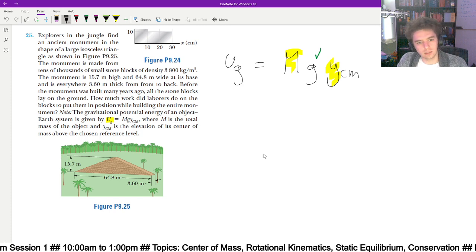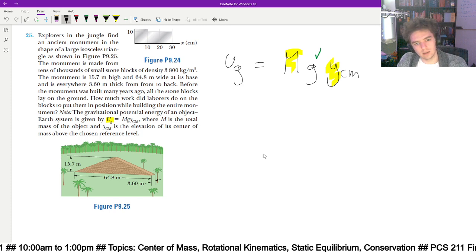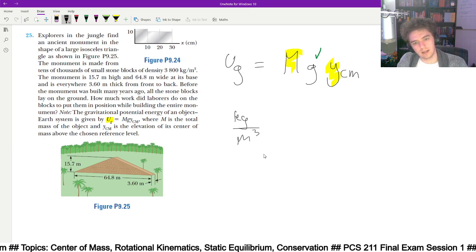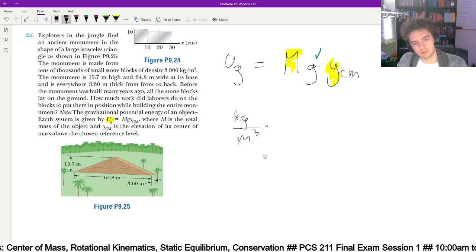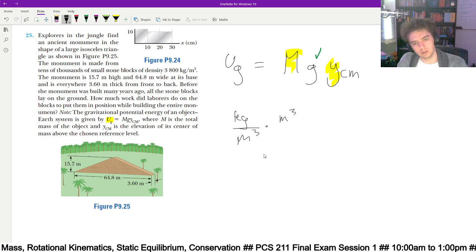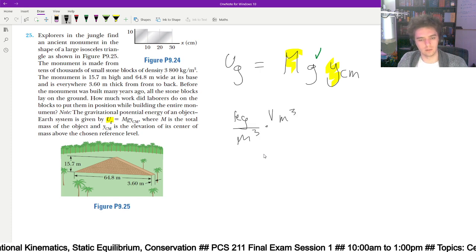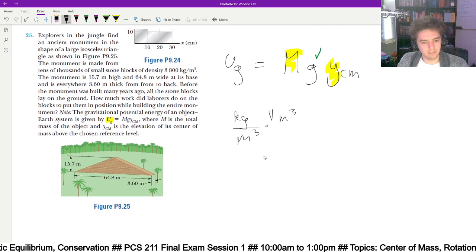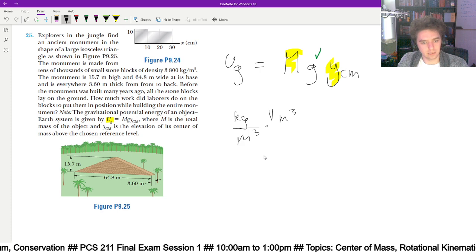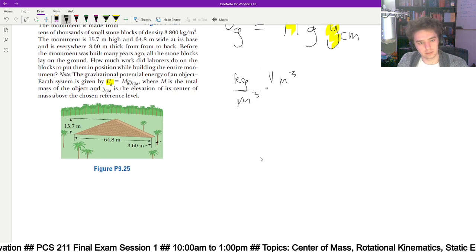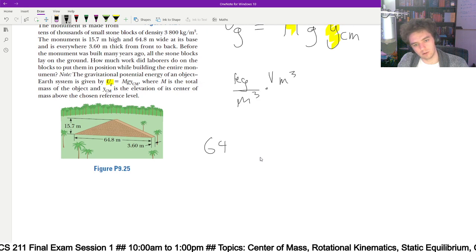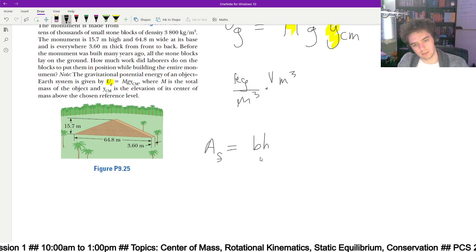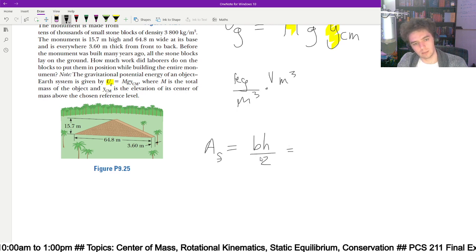If we take the density, which is kilograms per meter cubed, to get mass I have to multiply it by something in meters cubed, so the volume of the whole thing. The volume is going to be the area of the face times its thickness. The area of the face is base times height over 2.